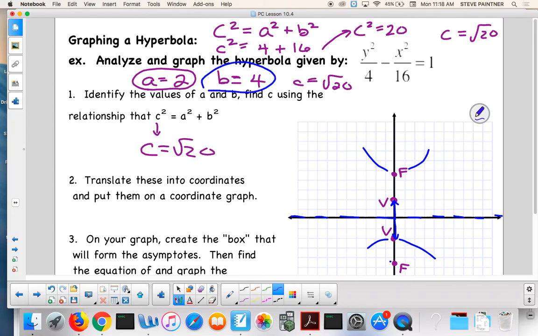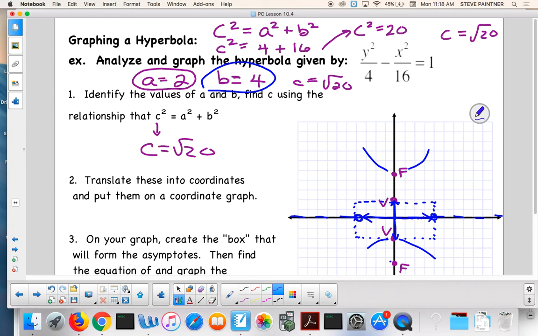So you got to go 4 right, 4 left. 1, 2, 3, 4. 1, 2, 3, 4. And this creates a box like this. There you go. There's your box. 2 up, 2 down, 4 right, 4 left.